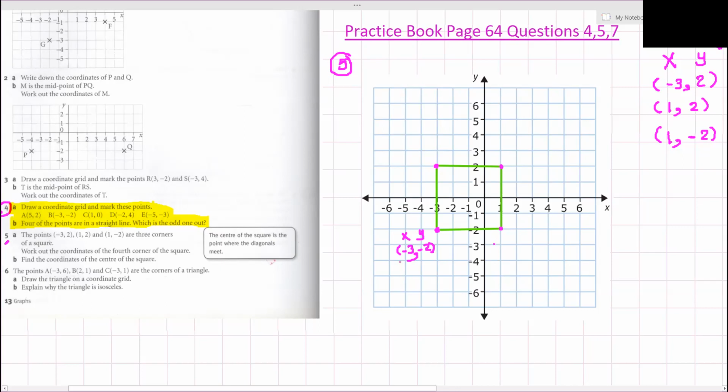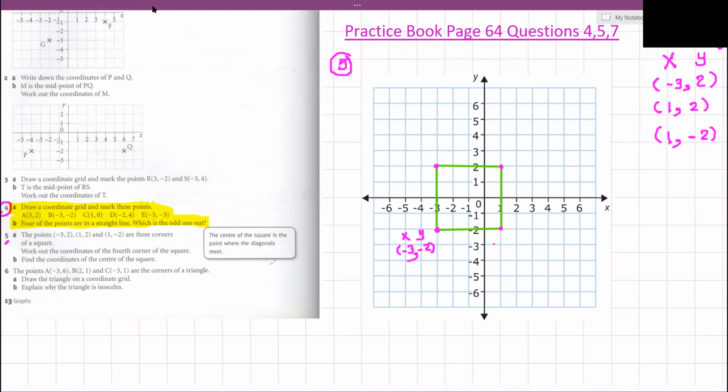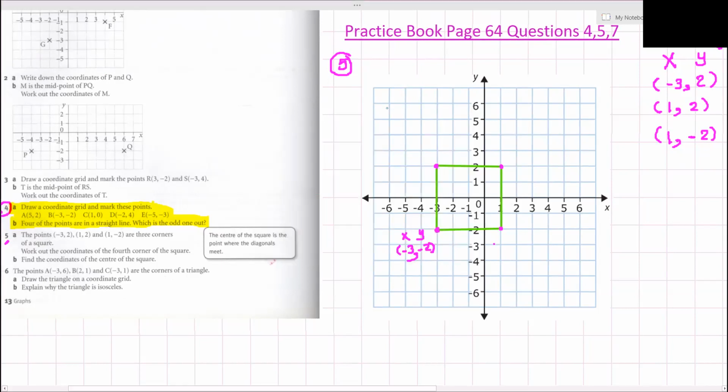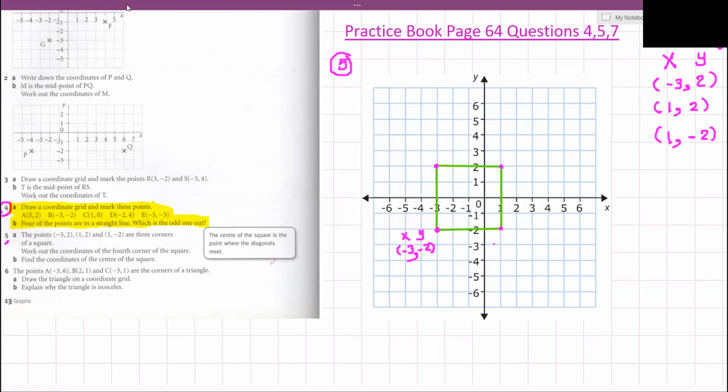Find the coordinates of the center of the square. Where is the center of the square? Okay, let's see together.